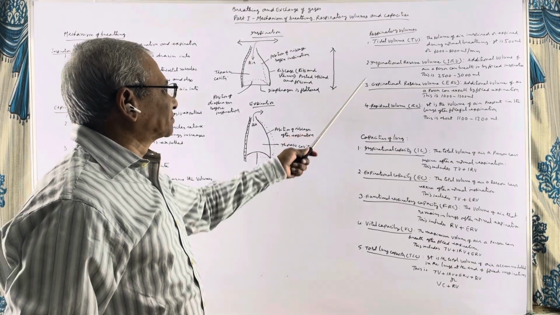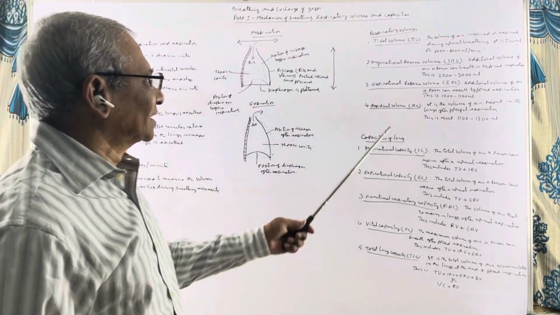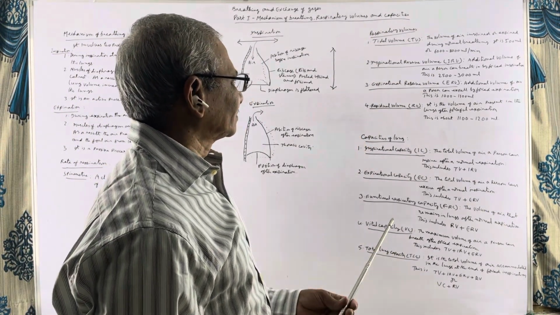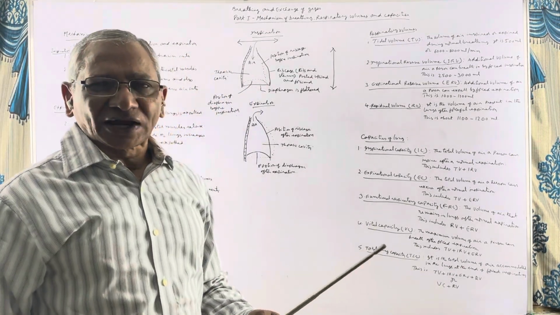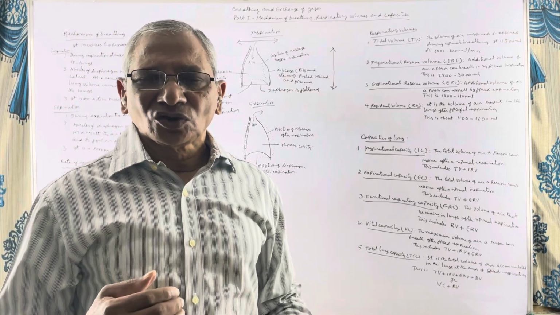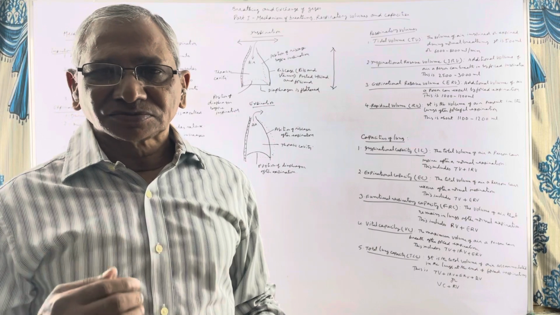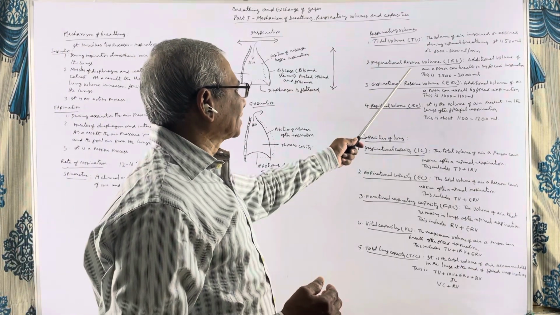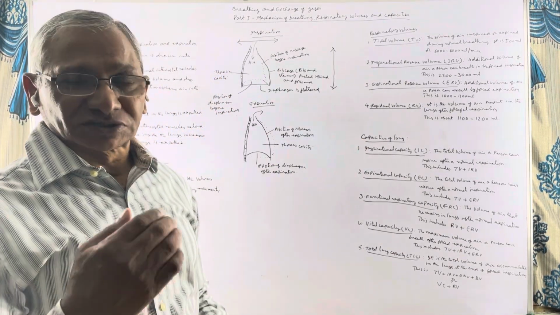Then, inspirational reserve volume. This is the additional volume of air a person can breathe in by forced inspiration. So, tidal volume means normal respiration. Sometimes, when we are doing work, we need more oxygen or more air. Then, we will be breathing an additional volume of air into the lungs by force.